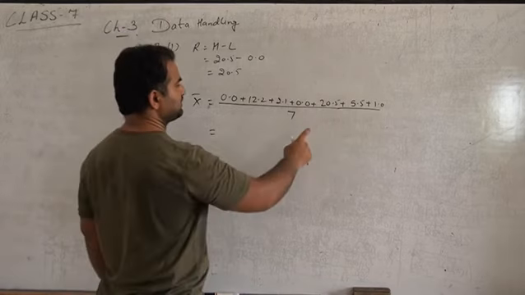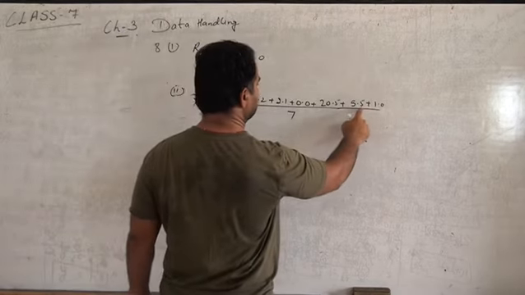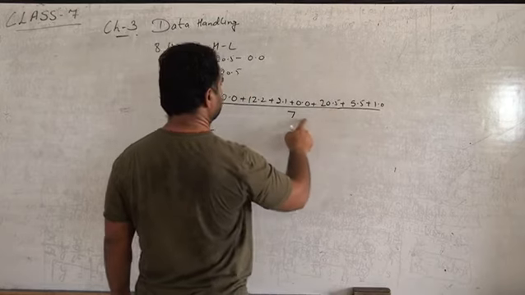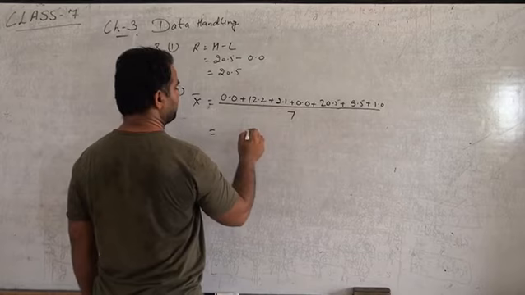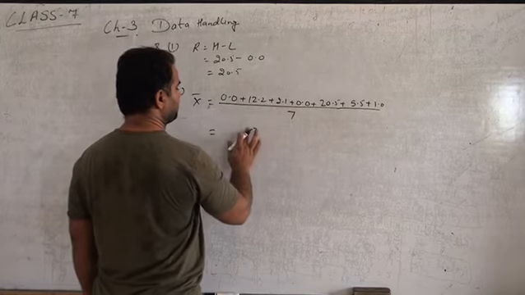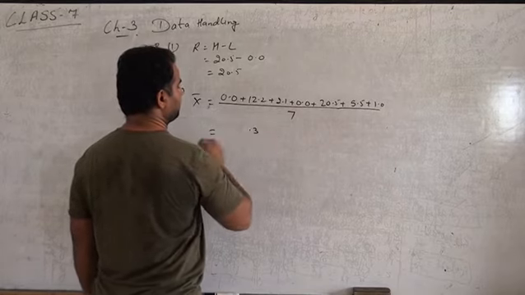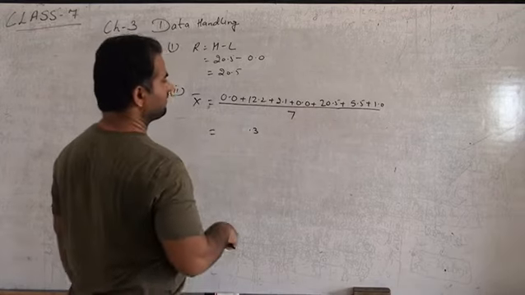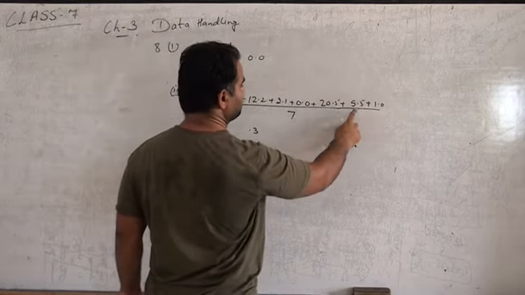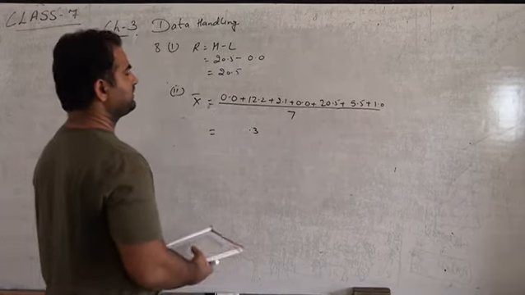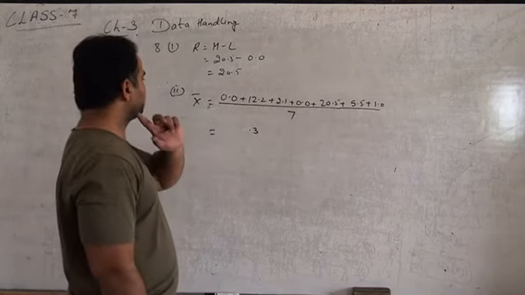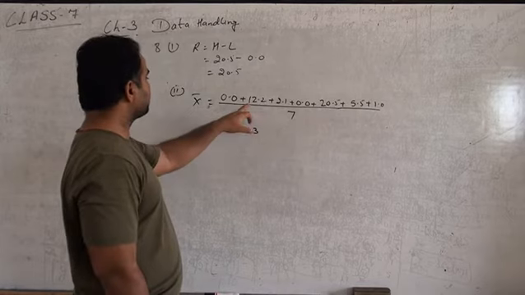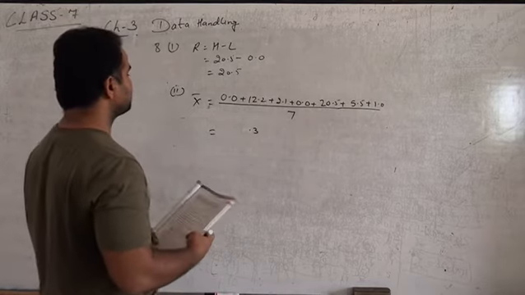So what is 0 plus 5? 5 and 5, 10. 10 plus 1, 11, 12, 13. It will be 0.3. 1 plus 2 plus 5, 7 plus 20, 27, and 2, 29 plus 2, 31 plus 10, 41.